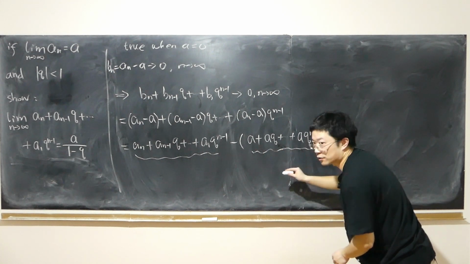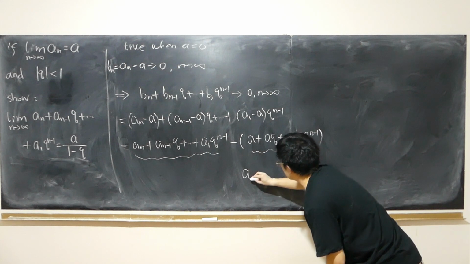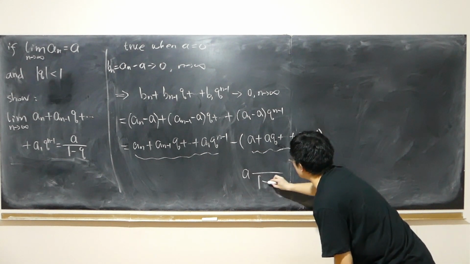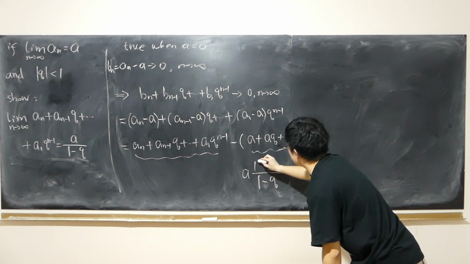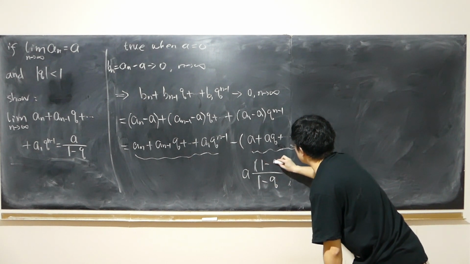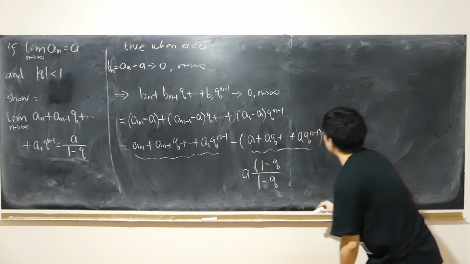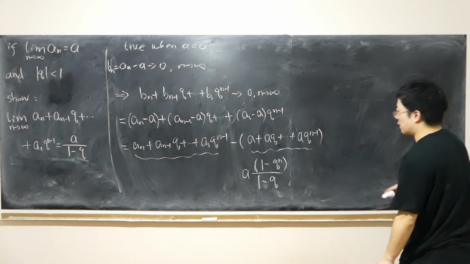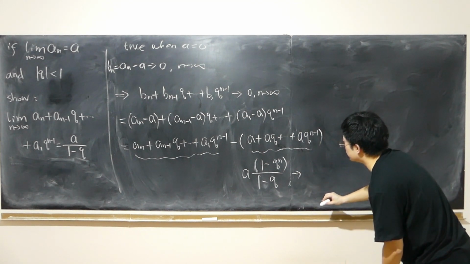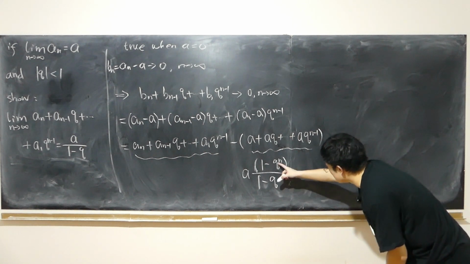But this is a geometric sequence, right? Factor out a: 1 minus common ratio, first term is 1, times 1 minus common ratio to the power of n. As n approaches infinity, remember |q| is less than 1, so this will just disappear.